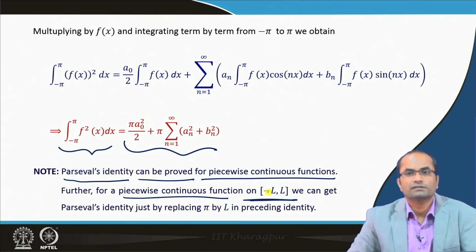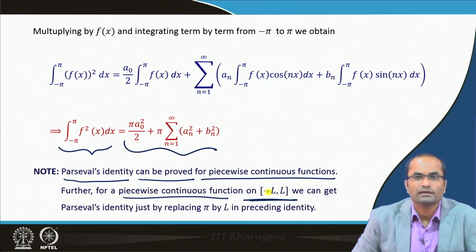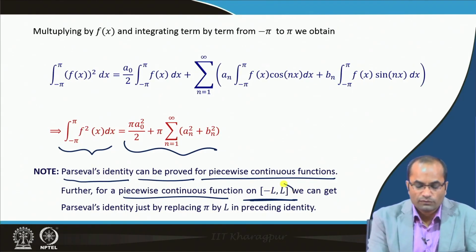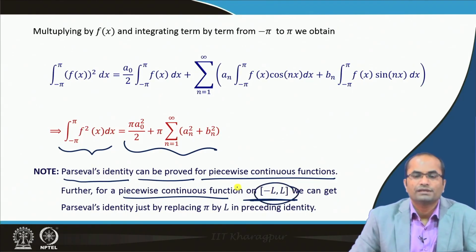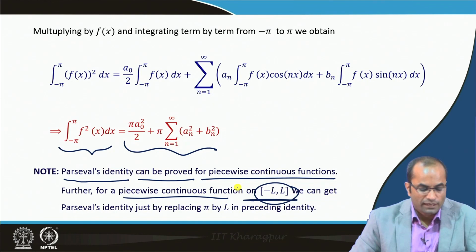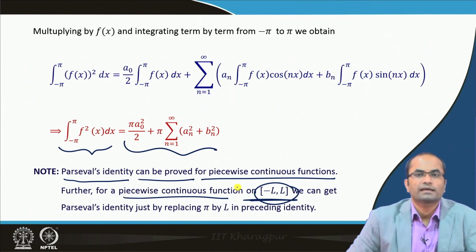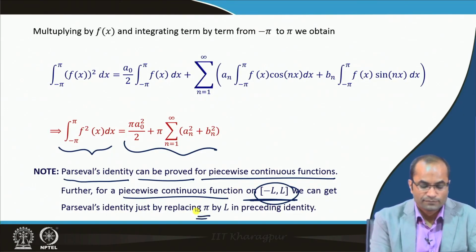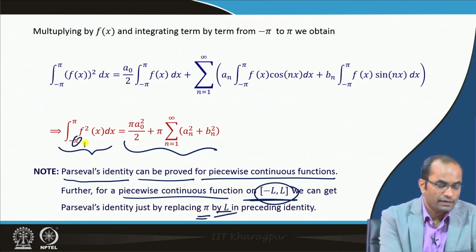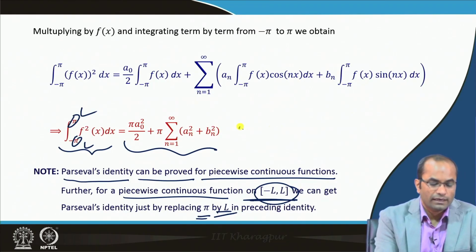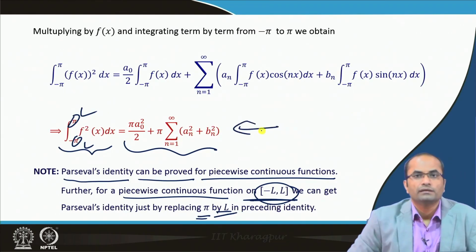Most of the results we are considering from minus pi to pi, again for the simplicity of the calculations, but we can always work with a more general interval from minus L to L, and for instance get the Parseval's identity just by replacing this pi by L. So, here will be L and there will also be L, and then everything will remain the same.